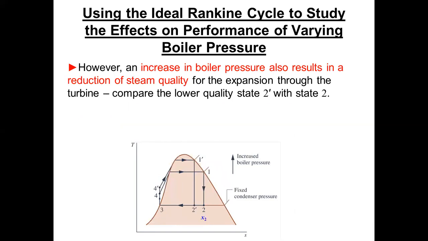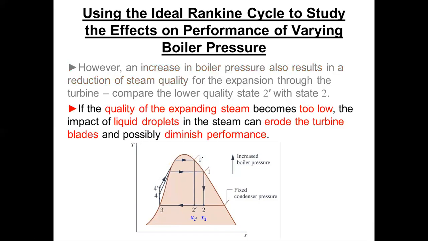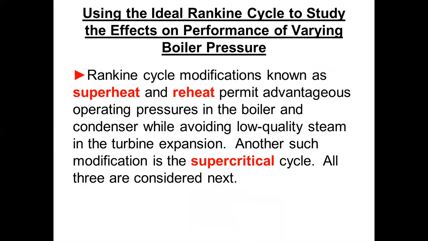So there's X2 quality, still not good, but we're going to slide down to here when we increase the boiler pressures. So that's not particularly good on the turbine. If the quality of expanding steam becomes too low, the impact of liquid droplets on steam can erode turbine blades and possibly diminish performance. Absolutely correct. 100%.